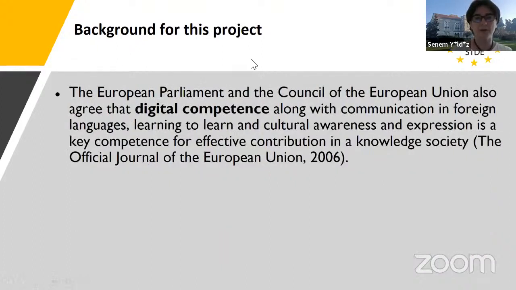Furthermore, the European Parliament and the Council of the European Union also agree that digital competence, along with communication in foreign languages, learning to learn, and cultural awareness and expression, is a key competence for effective contribution in a knowledge society. And therefore, we also need to pay attention to developing the digital competence of all individuals in a society.